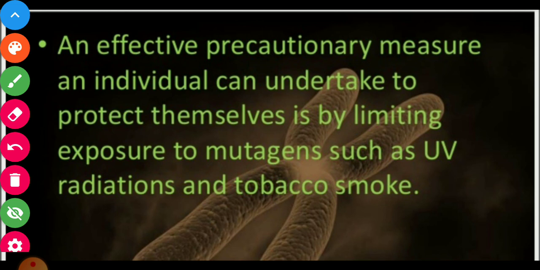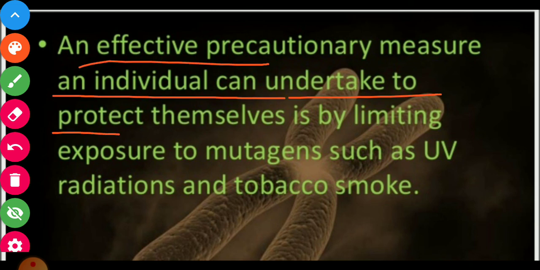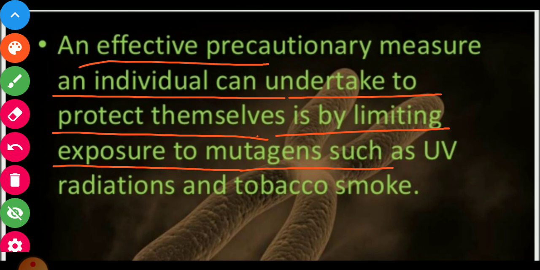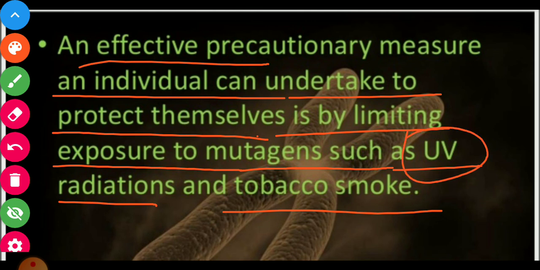Now, an effective precautionary measure an individual can undertake is limiting exposure to mutagens such as ultraviolet radiations or tobacco smoke. So a very important thing: protect yourself from UV rays and avoid tobacco smoking.